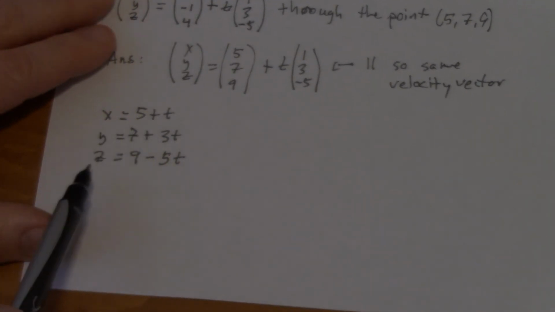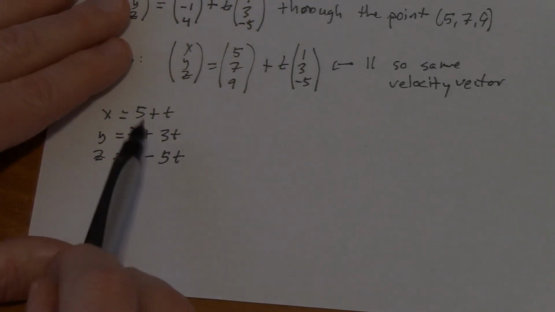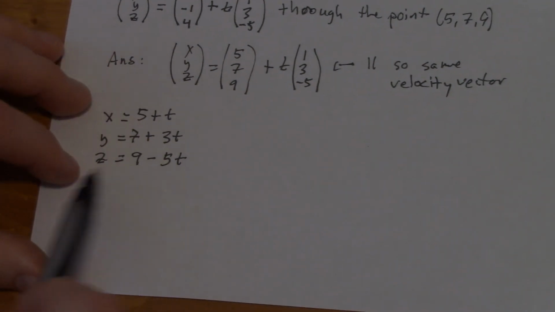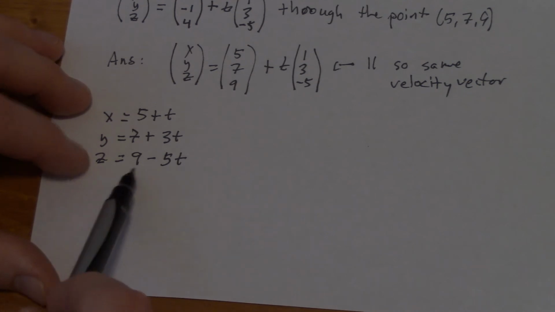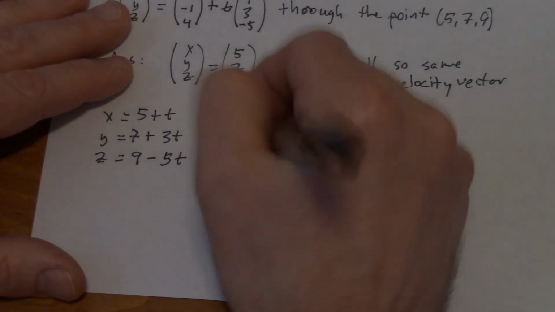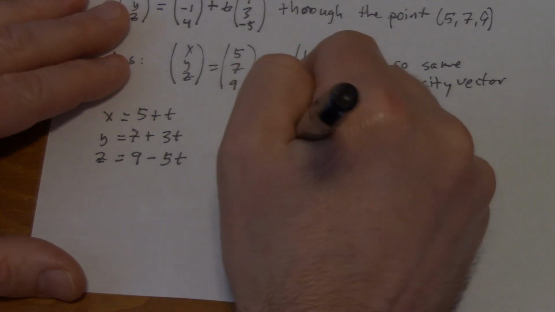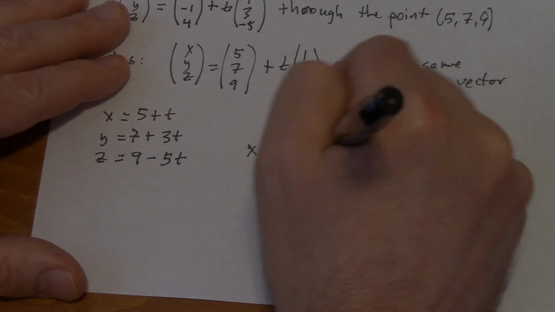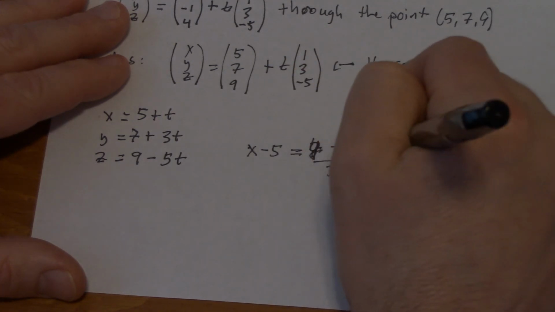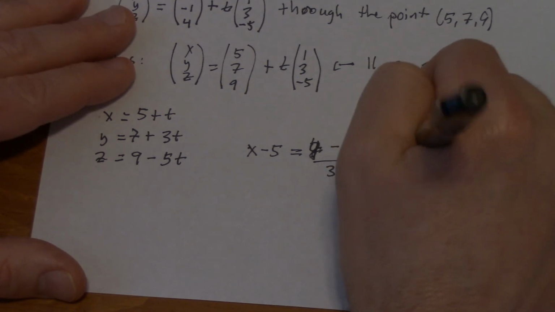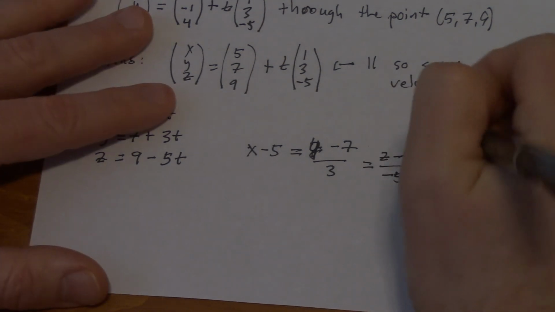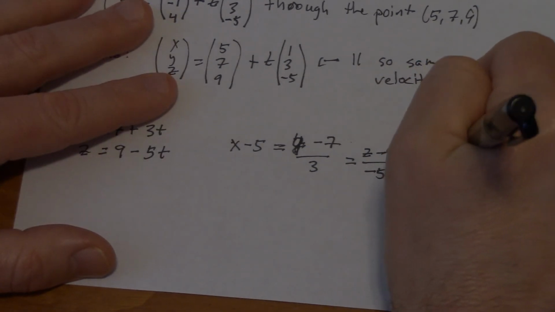If I solve everything for t and then set them all equal to each other, I get t as x minus 5, y minus 7 over 3, and z minus 9 over -5. So x minus 5 equals (y minus 7) over 3, which equals (z minus 9) over -5. These are what we call the symmetric equations.